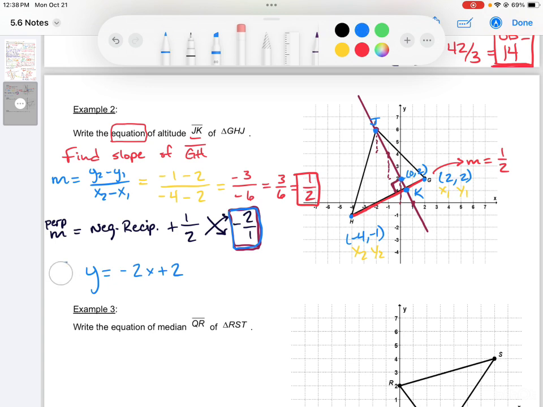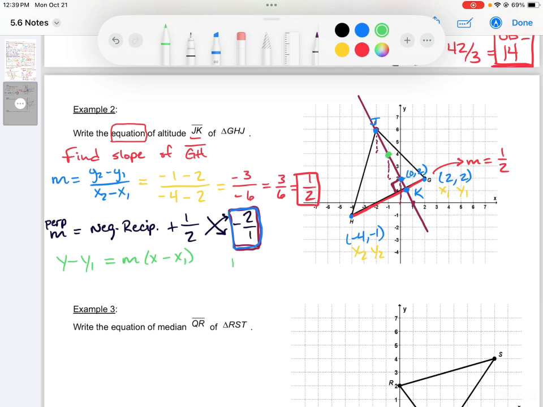Now, just to show you, if you weren't sure what the y-intercept was or it's not clear, you could use point slope form. And so that's what we talked about on the first page, where we have y minus y1 equals m times x minus x1. And you would just pick out any point on JK.